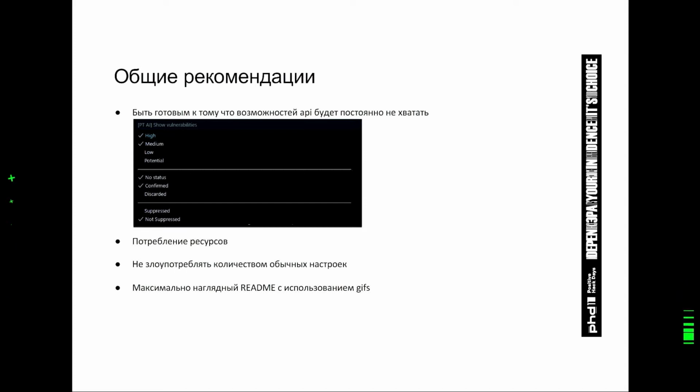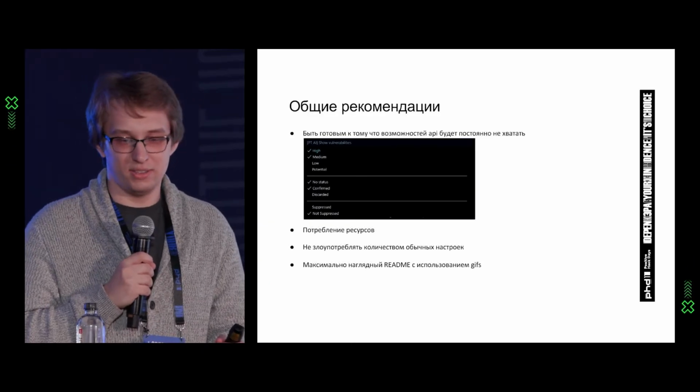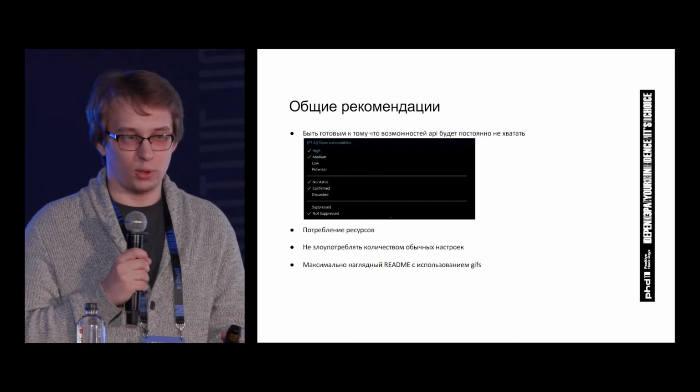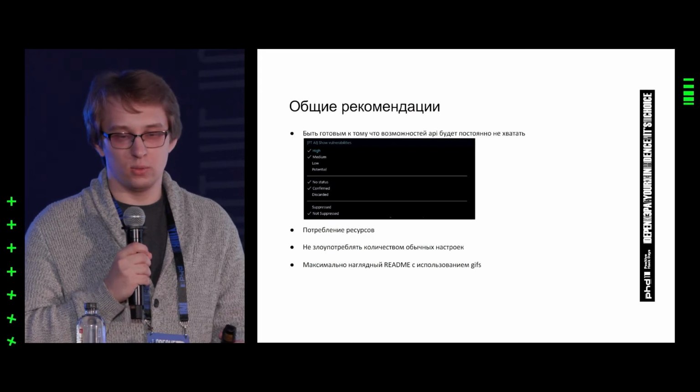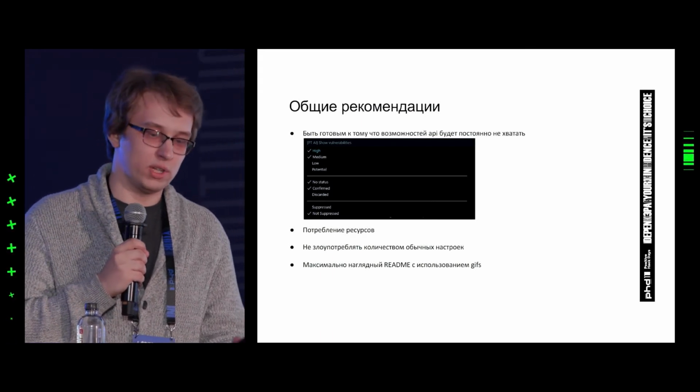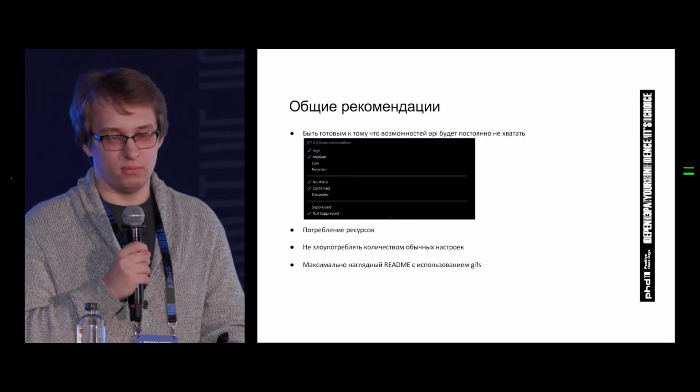A couple of general recommendations. When you develop plugins, you can run into issues like not having the API from the IDE you're developing this extension for. Well, we've had a case like that.